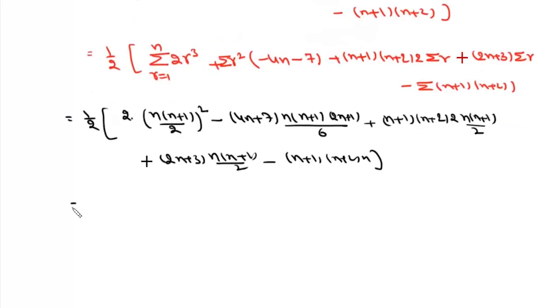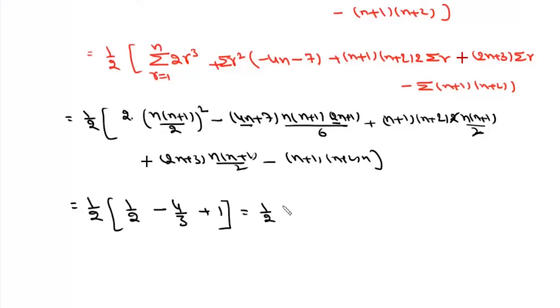Now here we are looking for the coefficient of n to the power 4. In this case it will be 2 into 1 by 2, so there will be this 1 by 2. Now here this coefficient will be 4 into 2, 8 divided by 6, so there will be minus 4 by 3, and plus, here this 2 and 2 will cancel, plus 1, and there is no other term containing n to the power 4.